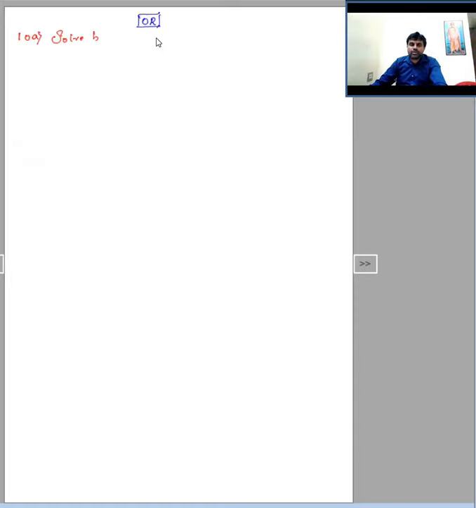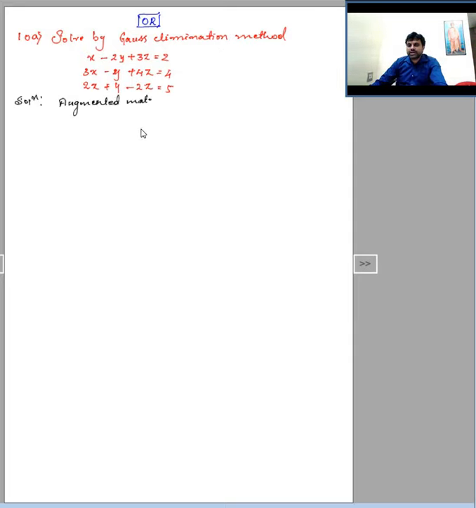We'll go for the next problem. Solve by Gauss elimination method for the given system of equations. They have given the system of equations. Consider the augmented matrix. The Gauss elimination method says that you should reduce the augmented matrix to an upper triangular matrix by using elementary row operations.